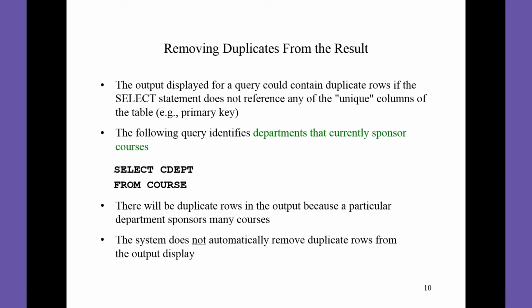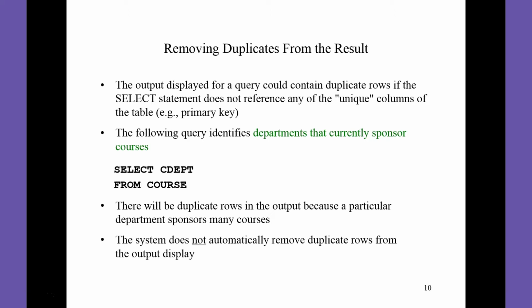Before we get into the details of this duplication and the removal of the duplicate rows, let's take a closer look at just what's going on with this query, because it's interesting to discuss. So aside from the issue of duplicate values, it's very important to consider the objective of this query. That is, the purpose of the query is to identify departments.